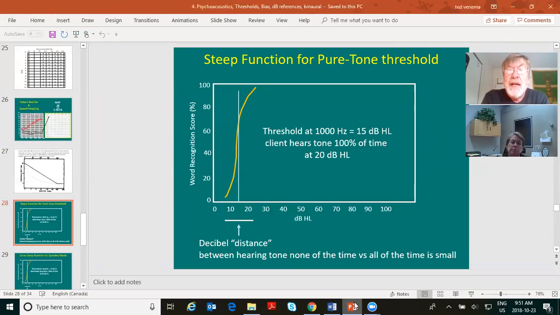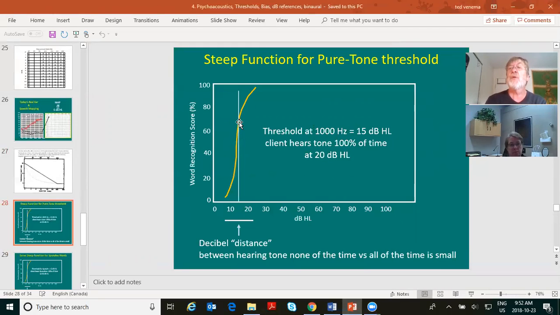But let's say threshold at 1,000 hertz is 15 dB HL. Just pretend. If you present, so here, 15, right where the line is. That means if your threshold is 15 at 1,000 hertz, you're going to hear it at 15 dB most of the time. Look where it is, about 75% of the time.